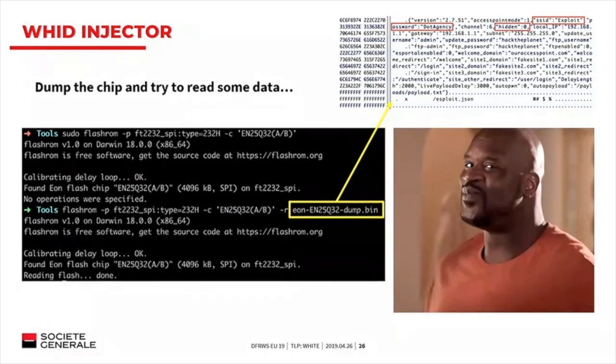Our chip is supported by FlashROM. FlashROM is a kind of automated extraction tool that supports a lot of flash memory, and basically it talks to the chip for you and extracts the data if you have the connection the right way.